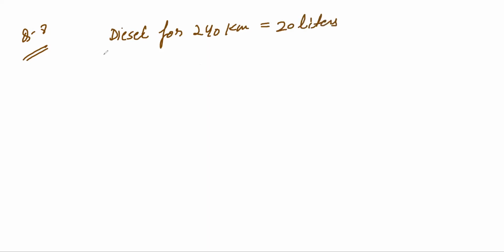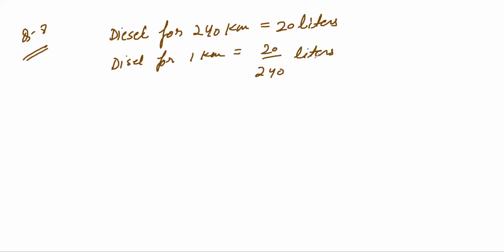Okay, so diesel for 1 kilometer is equal to 20 upon 240 liters.